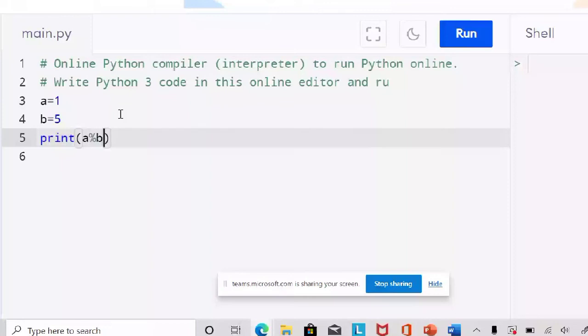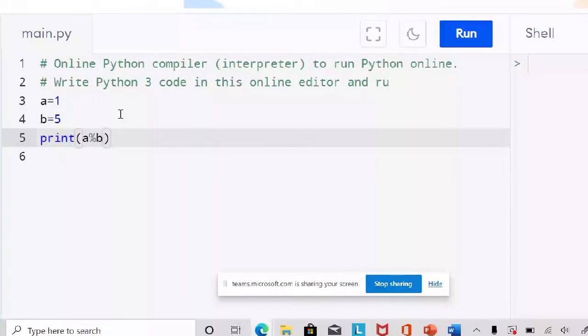When you want to find the remainder in A mod B, if the value of A is smaller than B, the remainder will be A only. That's what I want to clarify. Did you get my point? Yes sir.